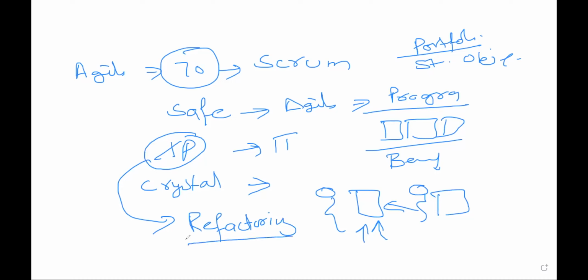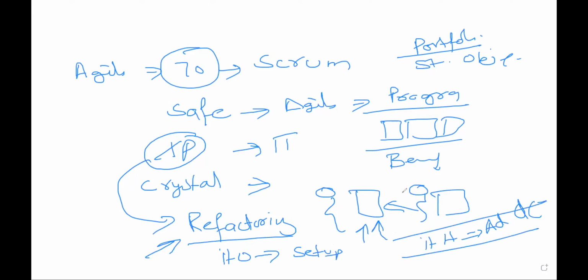This is called refactoring. This question rarely comes, but if it comes, this is called refactoring. And I told you iteration 0 is performed for the setup, and iteration H is performed for the additional quality control. That's it. Thank you very much.